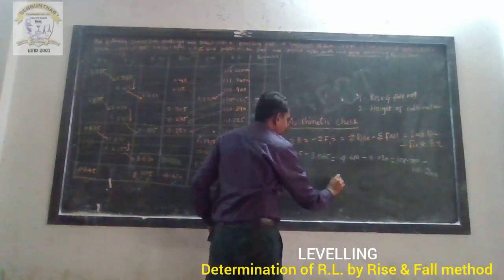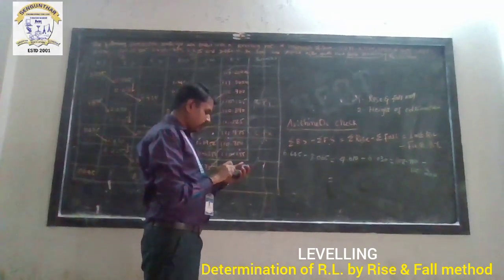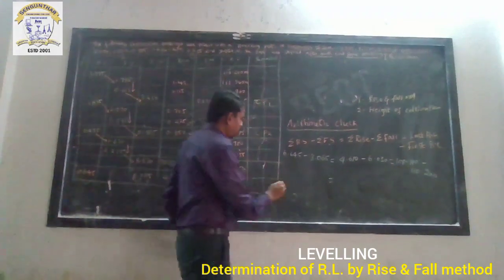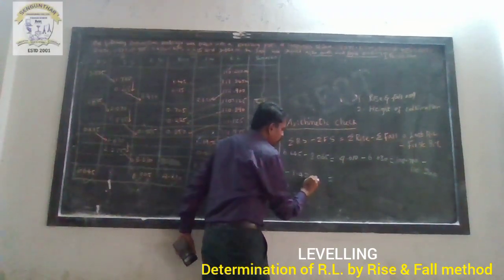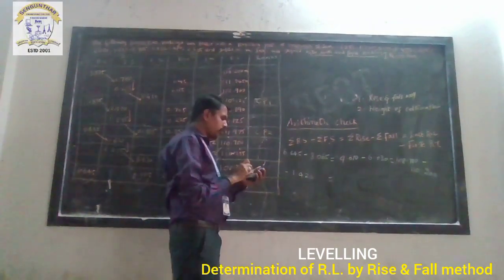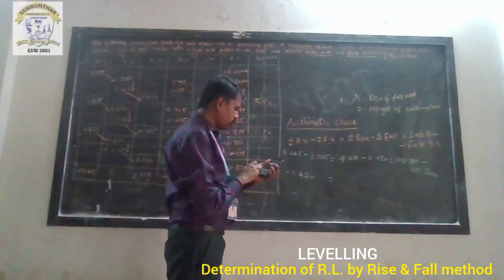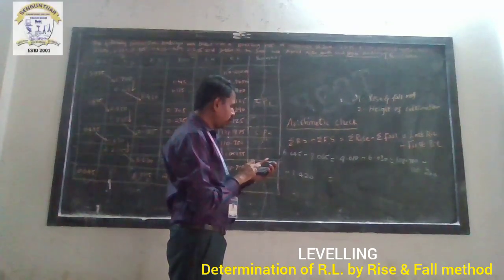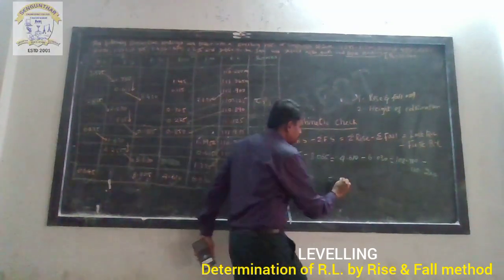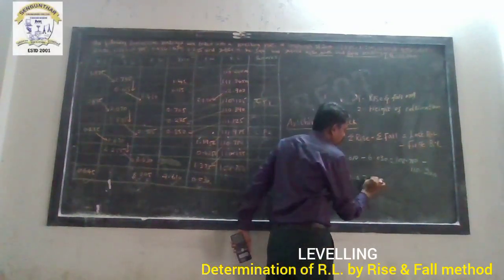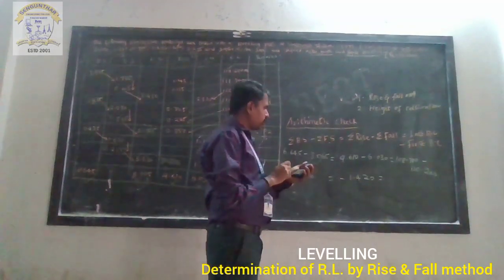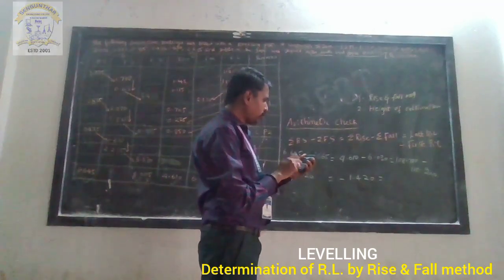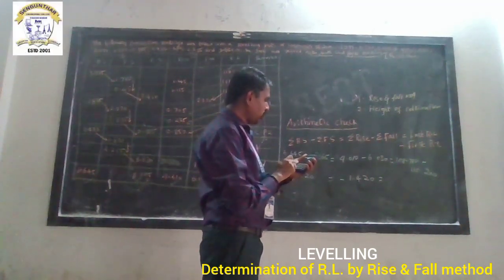So just find the difference. So 6.645 minus 8.065. The difference between backsight and foresight values is minus 1.420. Similarly, we have to find the summation of rise minus summation of fall. That difference is also minus 1.420, which is equal to last RL minus first RL. 108.780 minus 110.200.